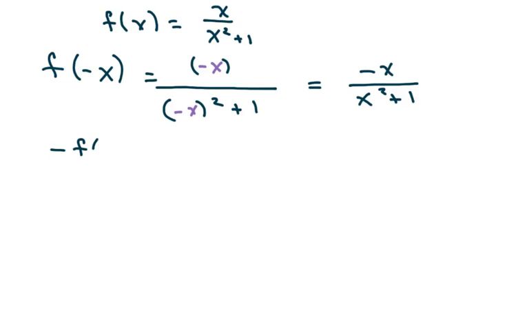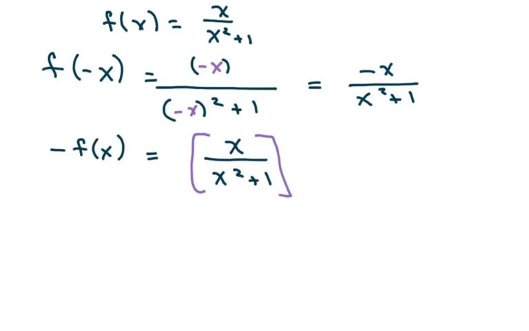The next one is negative f of x. So I'm going to write my function, x over x squared plus 1. And now we want to negate this. This is where students tend to mess up.